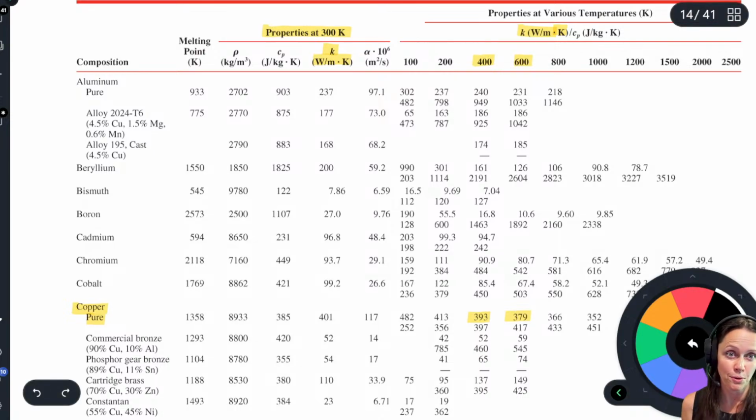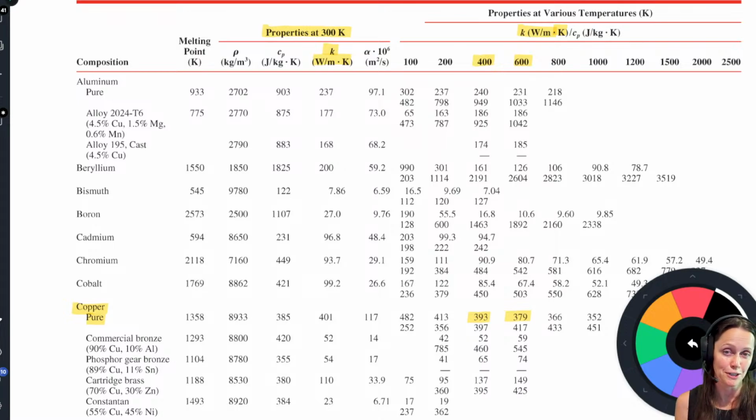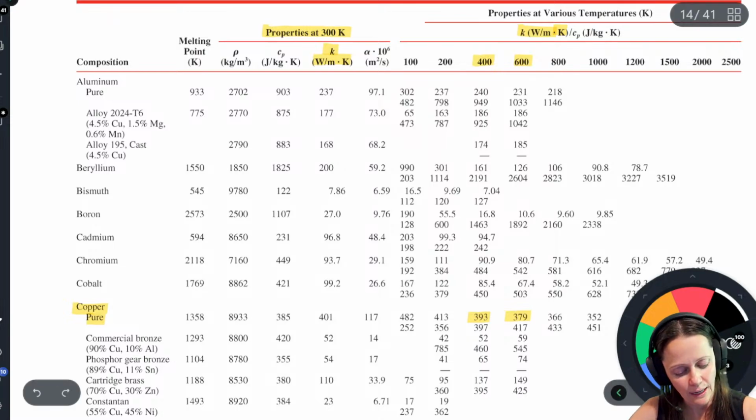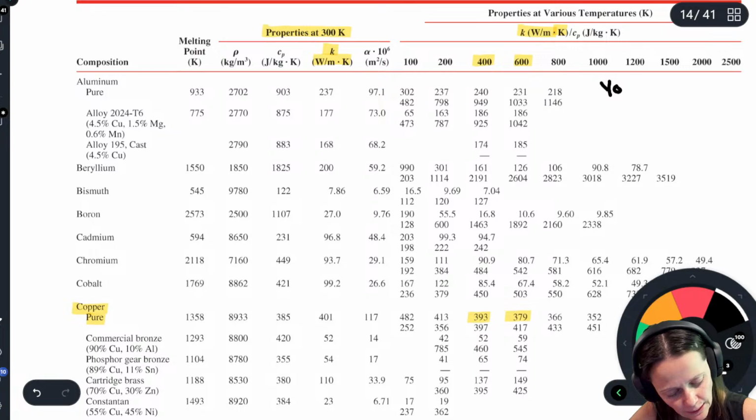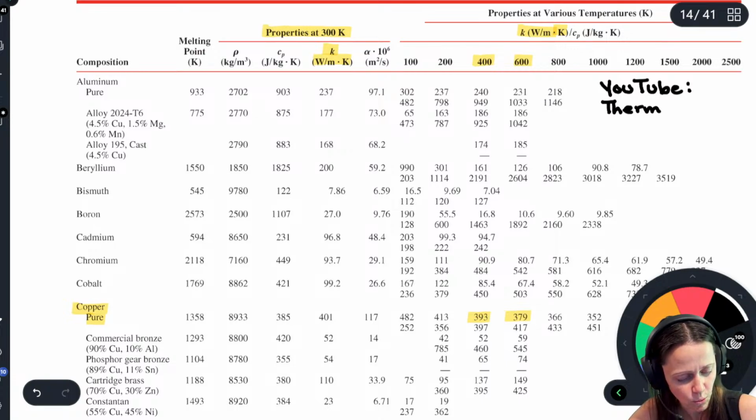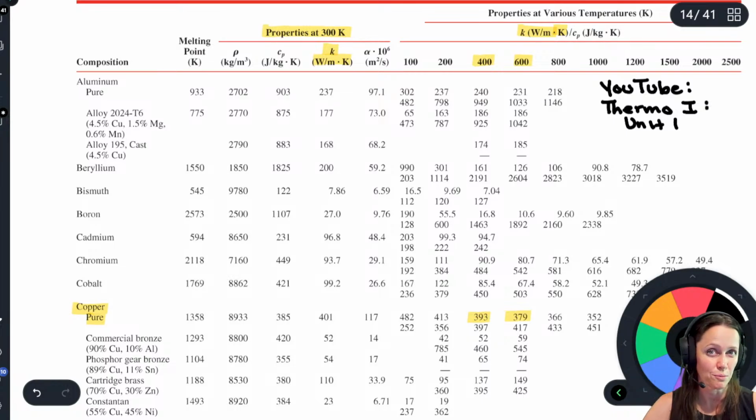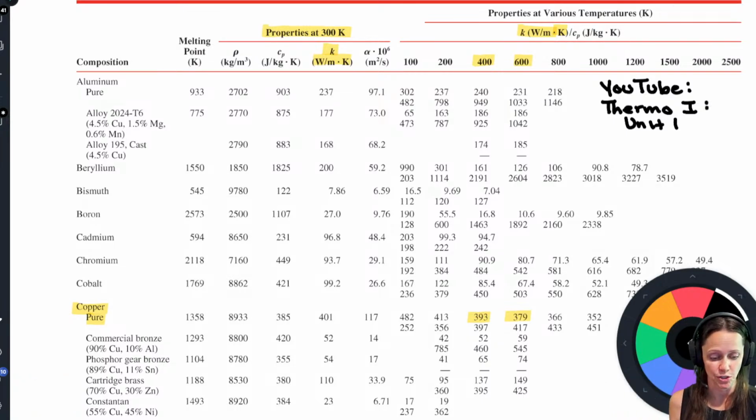If you don't remember, or you never learned how to interpolate, I do have a video on it in my Thermo 1 playlist. It's under the Unit 1 playlist, and it's called Interpolation. So if you need a refresher, don't be ashamed. Just go and figure it out.